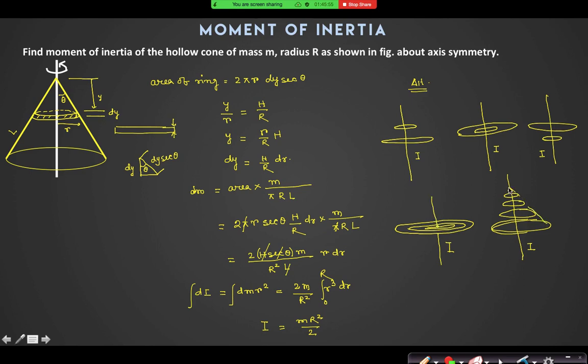This configuration is nothing but a hollow cone, or not? Can you visualize that situation? So the moment of inertia for a disk goes well for the moment of inertia of a hollow cone, because it does not matter where you are placing the rings. If the axes of rotation are the same, the moment of inertia should be the same.